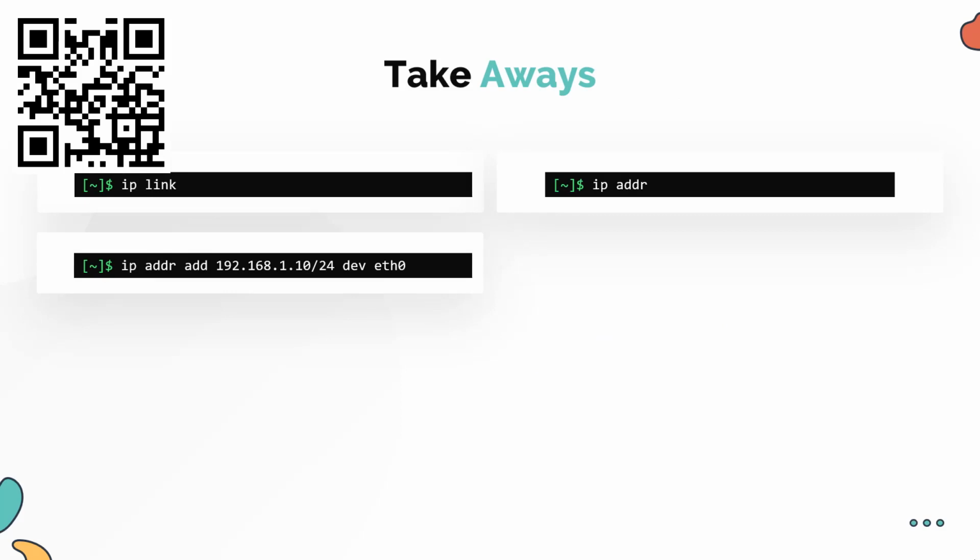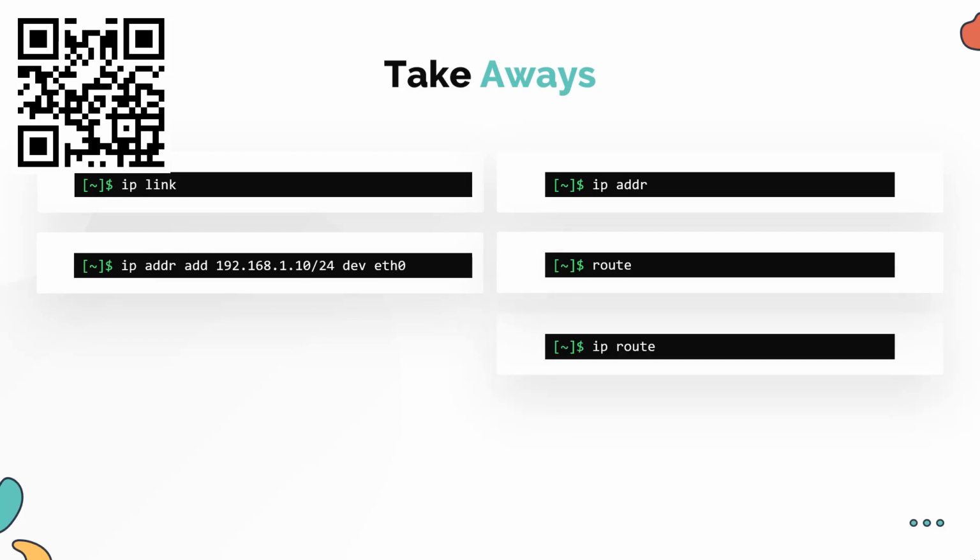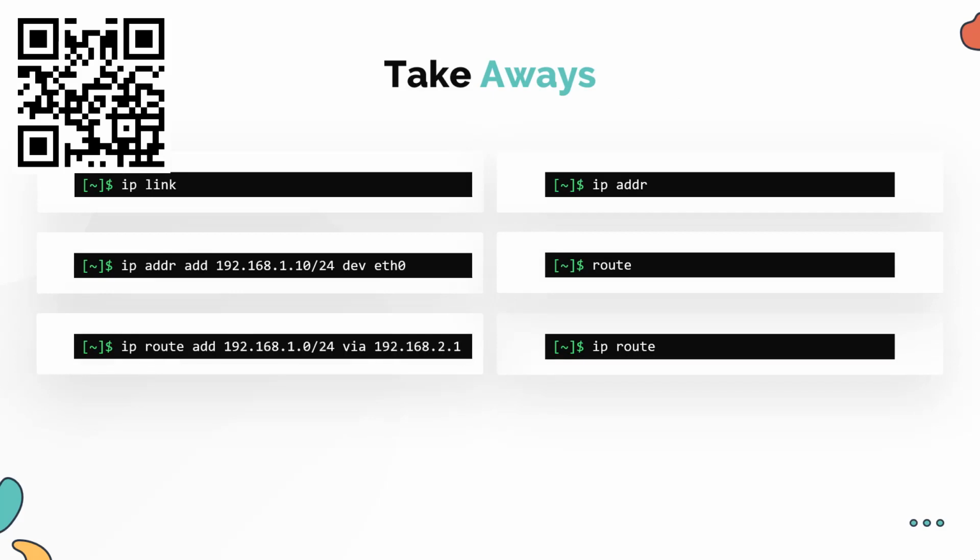Now remember, changes made using these commands are only valid till a system restart. If you want to persist these changes, you must set them in the /etc/network/interfaces file. ip route, or simply the route command, is used to view the routing table, and ip route add command is used to add entries into the routing table.